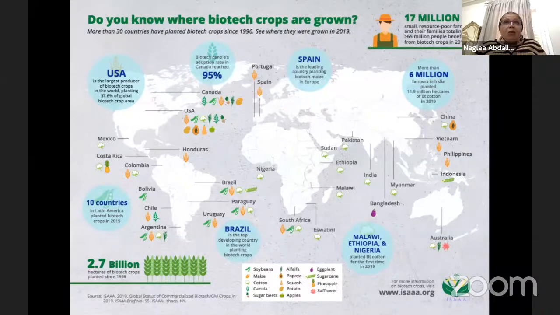So although we have a huge number of transgenic plants that have useful characteristics, even in our country, Egypt, we have a lot of plants ready on the shelf, but we cannot use them due to the biosafety regulation. So biosafety regulation is the main concern that does not allow us to apply genetically modified plants.